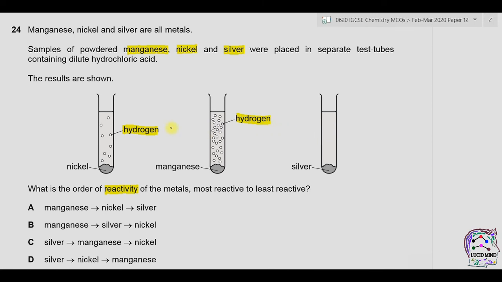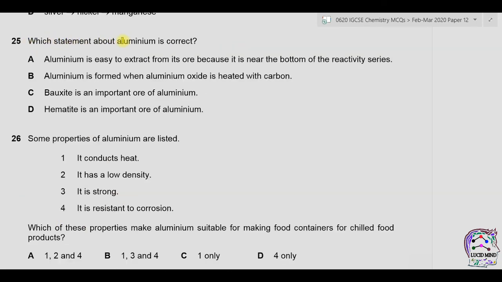So on the basis of hydrogen gas we can find out the reactivity. So manganese should be most reactive. Then on second number we have nickel, and silver is the least reactive among these three. So the order should be manganese, most reactive, then nickel, then silver. Question 25. Which statement about aluminium is correct?